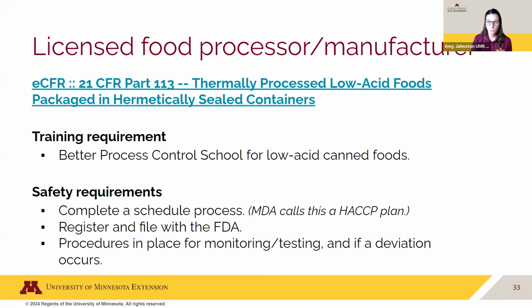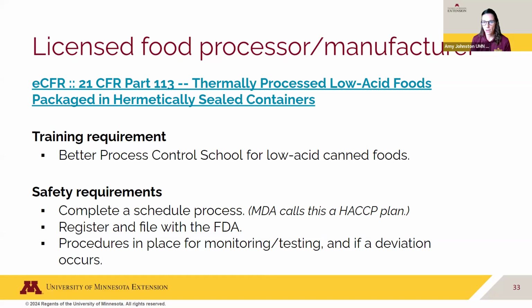There is a training requirement before you can make and sell these low acid foods, and that's a Better Process Control School for low acid canned foods. Julie is going to share a link in the chat about this. This Better Process Control School covers all of the information that you need to know to set up your procedures and make safe products.